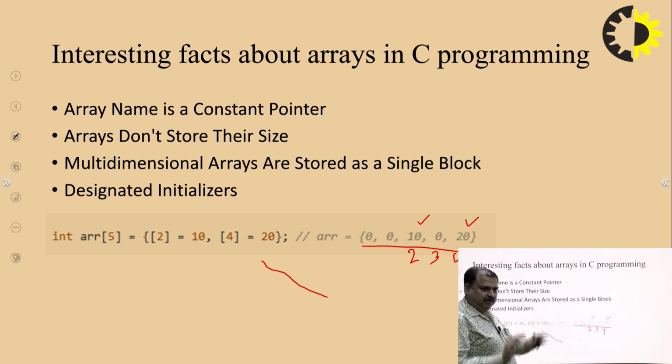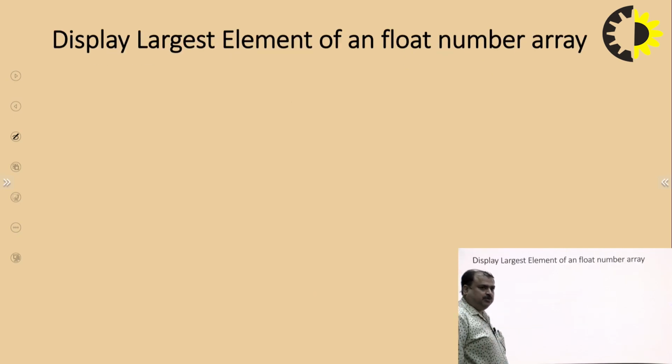We are not providing any other values, but the rule which we have already learned in the previous lecture is that if we supply any value at the time of declaration and initialization, the remaining values will become 0. So here you can clearly see that we have passed only two values, at index 2 and at index 4, and the remaining values become 0. They will not be garbage or random values, they will become 0.